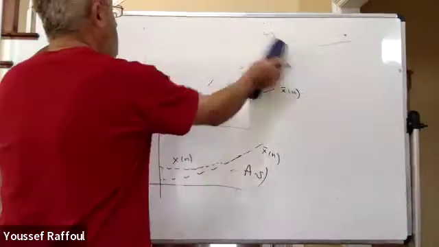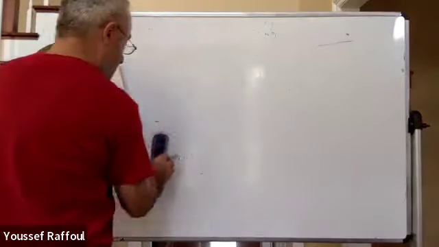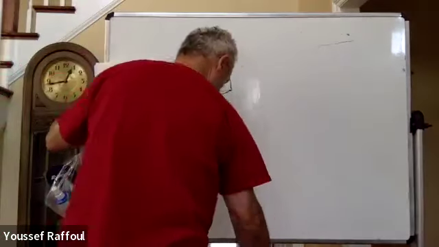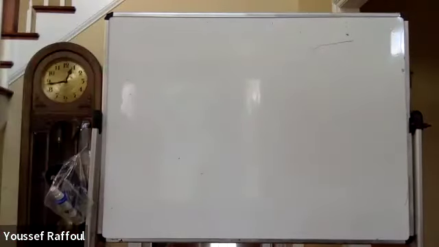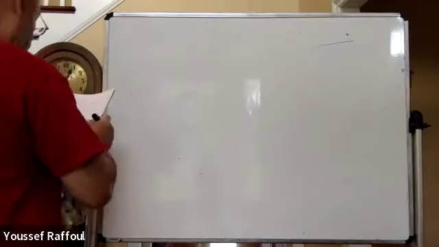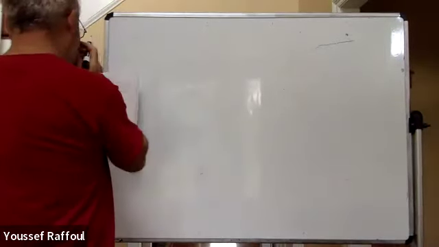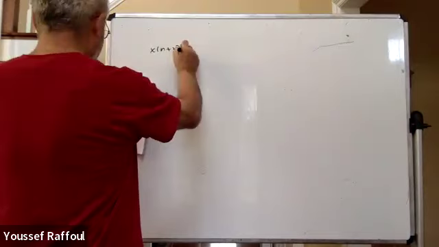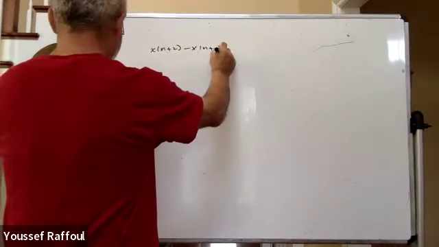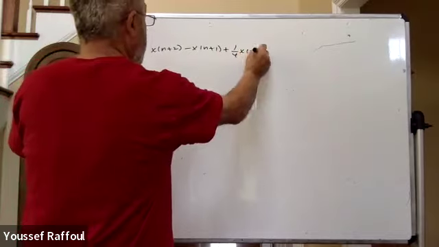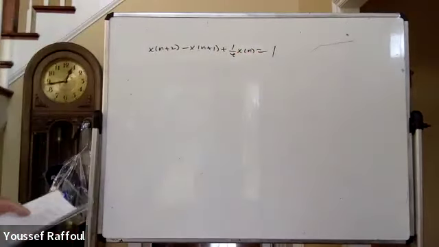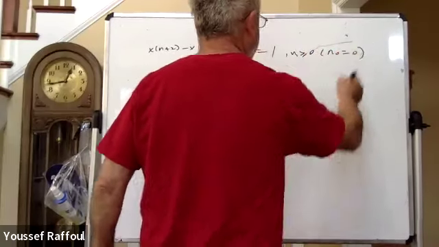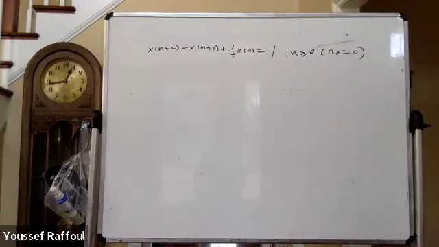Let's do an example. Let's take a look at x_{n+2} - x_{n+1} + 1/4 x_n = 1, and n bigger or equal to 0. So here, n0 is 0. All right.